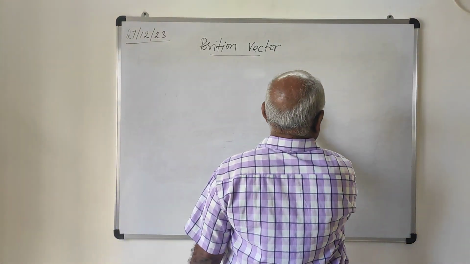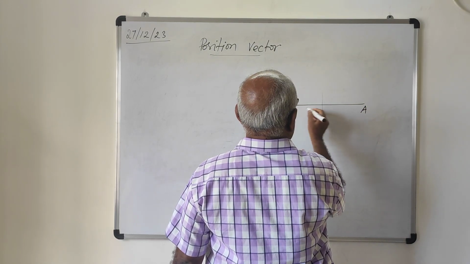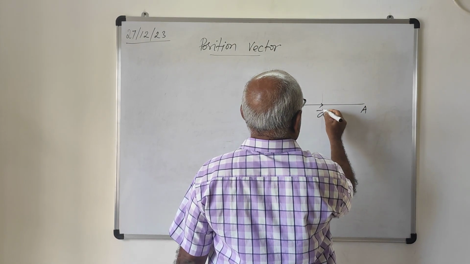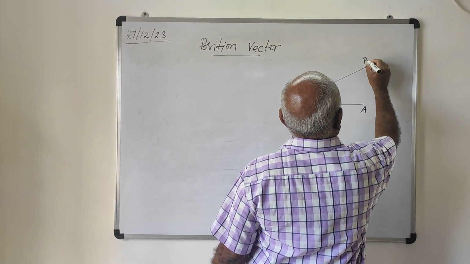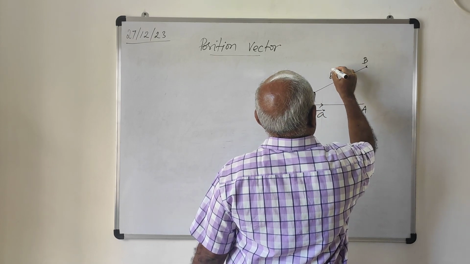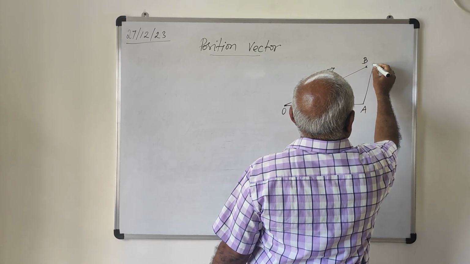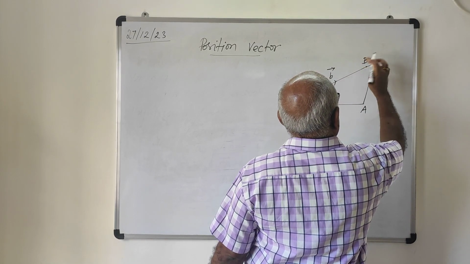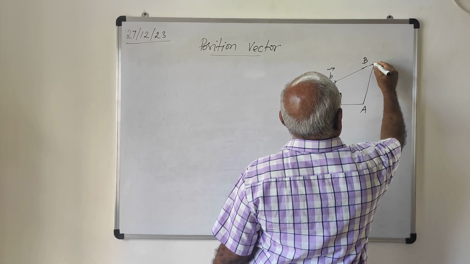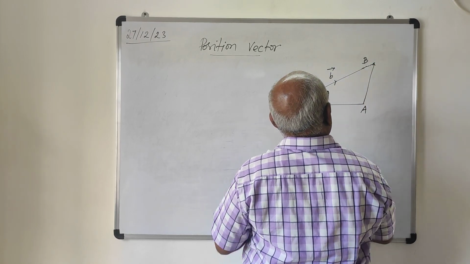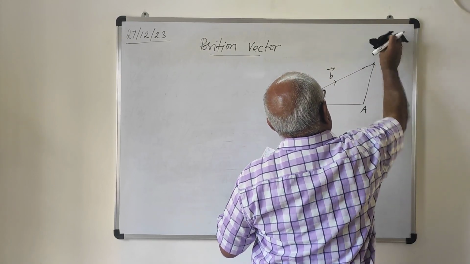Suppose A is a point with respect to the origin O, and the position vector of the point A is vector a, and the position vector of the point B is vector b.